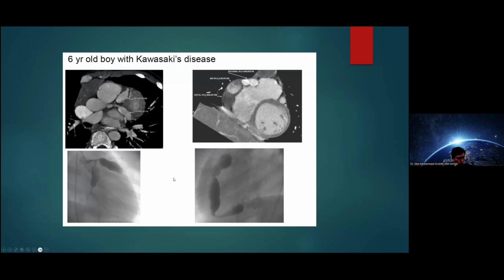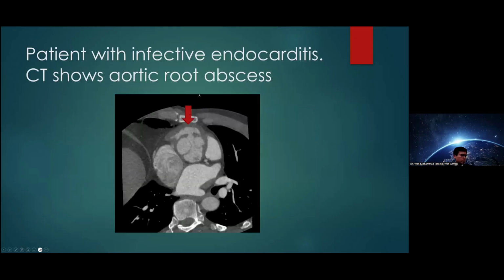This was confirmed with invasive coronary angiography showing the aneurysms at the segments. Sometimes we do get referrals for infective causes, such as infective endocarditis. So in this CT, it shows an aortic root abscess anterior to the aortic root.